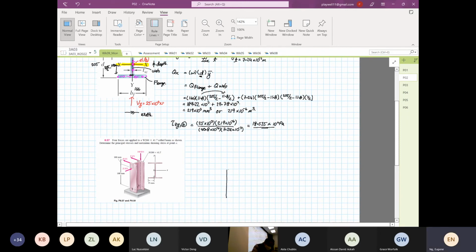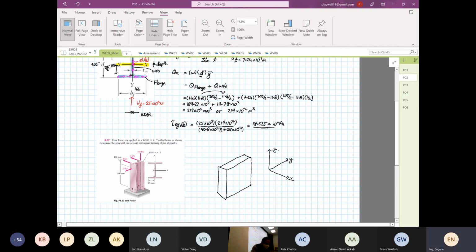For this term test, you need to be able to sketch the element. So this is our element. This will be our X. This will be our Y. And this will be our Z.